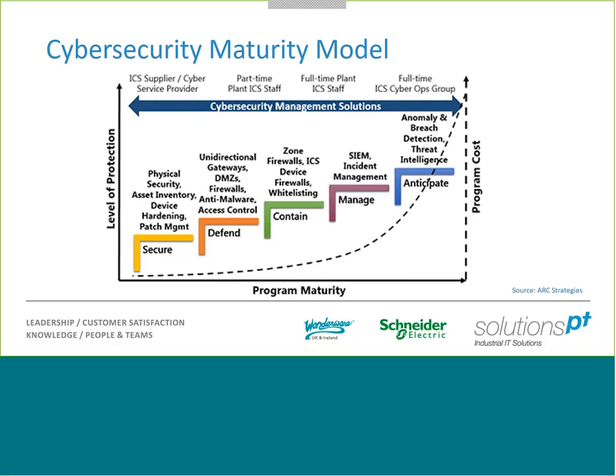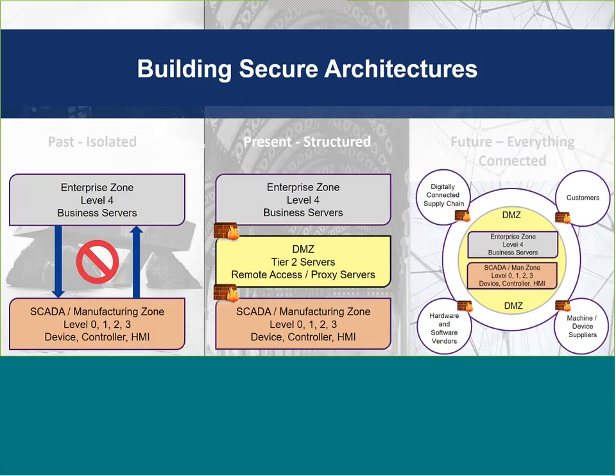So we very much recommend that you start small, prepare that groundwork, and then expand and build on that as time goes by. If we look at building secure architectures, here we've got the past on the left-hand side, what people have typically done in the past, moving to the present day and how we see the lay of the land now, moving to the future and how we expect this to look in the coming years.